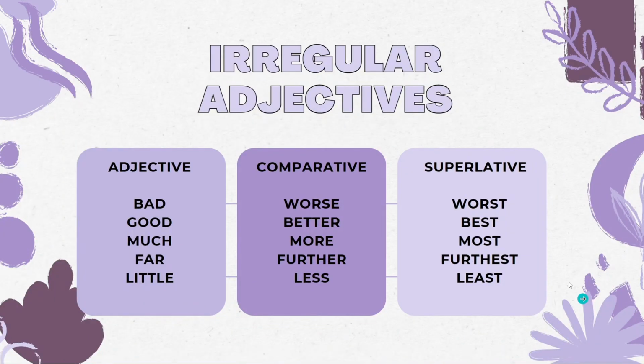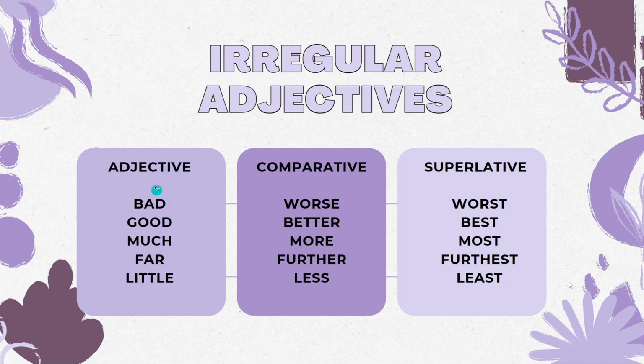Before I explain the superlatives, we are going to see the irregular adjectives. The irregular adjectives don't follow the regular pattern of adding er or est to form the comparative and superlative. We don't do that. We change the complete word.